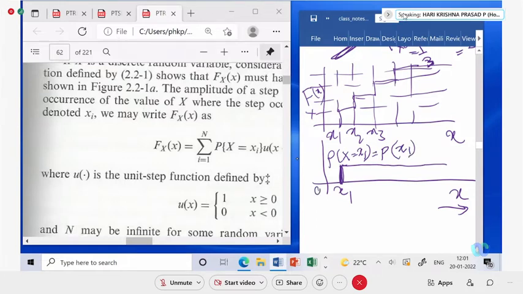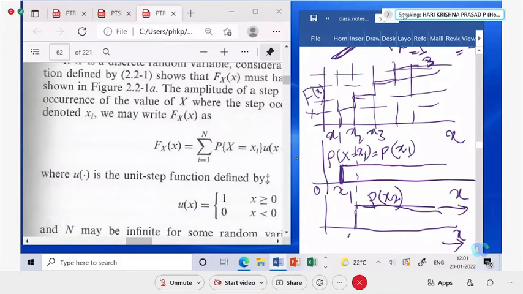There is one more unit step function at what value of x? At x equal to x2. What value does this unit step function take? It is given by p of x2, where that step function is happening at x equal to x2.